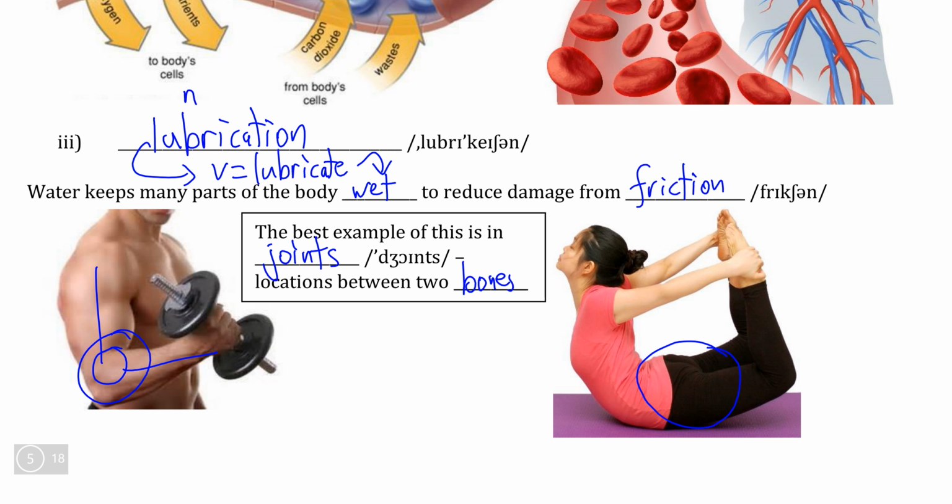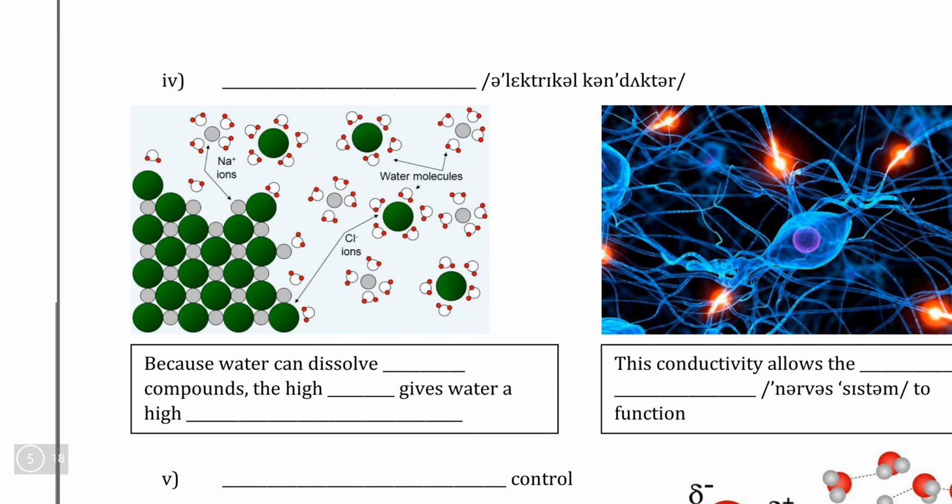And if you have a large amount of friction, a large amount of the grinding energy that you produce is going to generate heat, which can damage the bones against each other, as well as the muscles and all of the skin around the joint. But if we keep your joints wet, it allows the two bones to move up against each other while minimizing the amount of friction that exists between the movable surfaces.